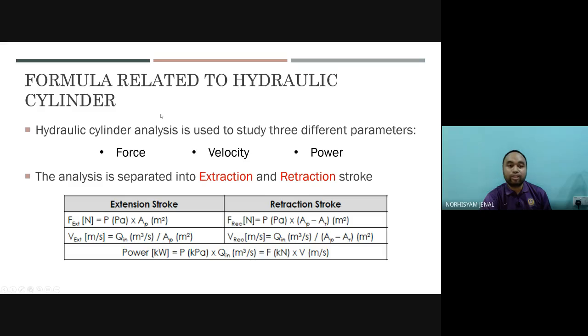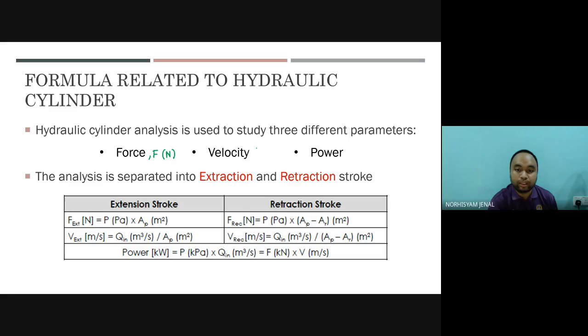So there are formulas on how to calculate the amount of force required to push the piston outward or inward. Okay. So the calculation is based on these three different parameters. Number one is force, which is F, and it should be in Newton.